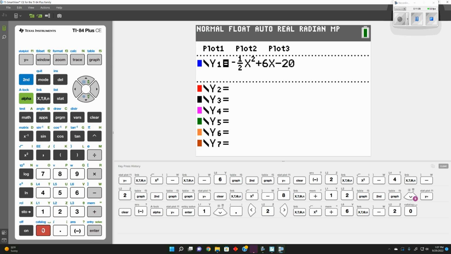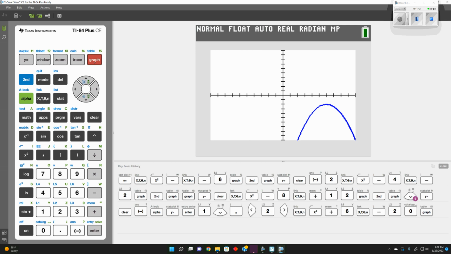That's the function. And if we hit graph, it doesn't cross the x-axis, does it?